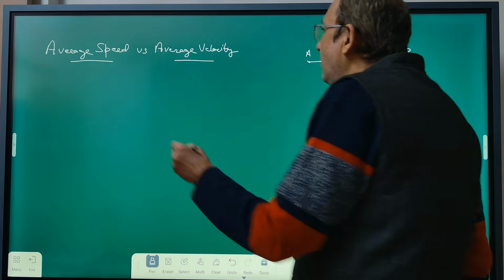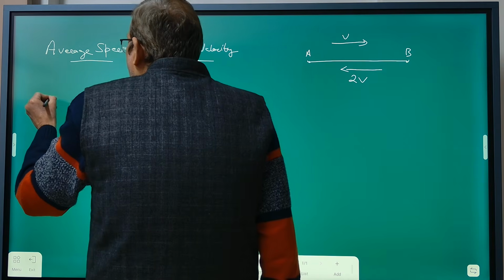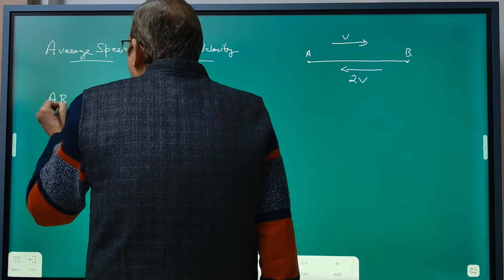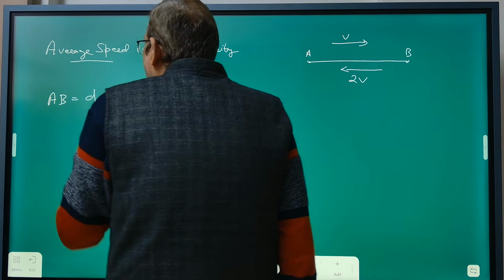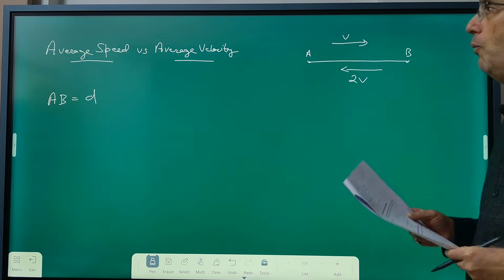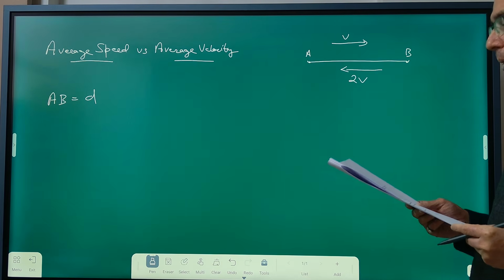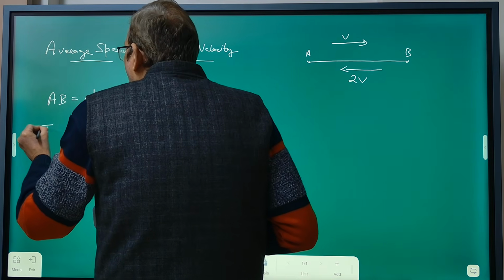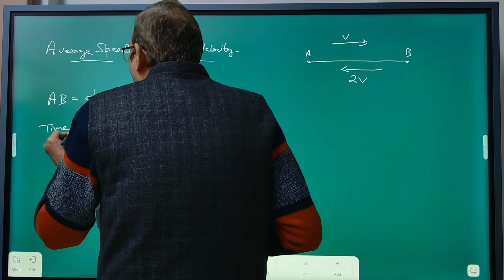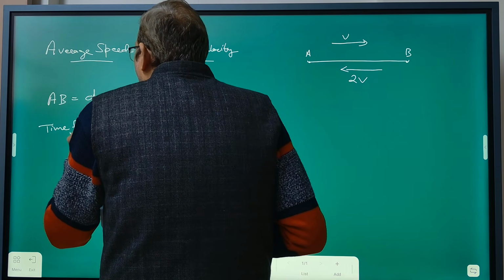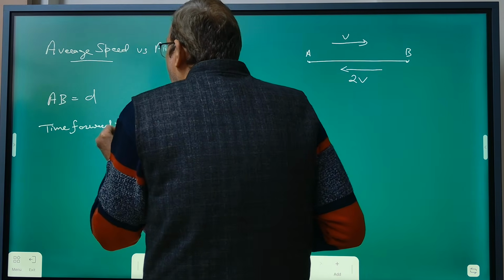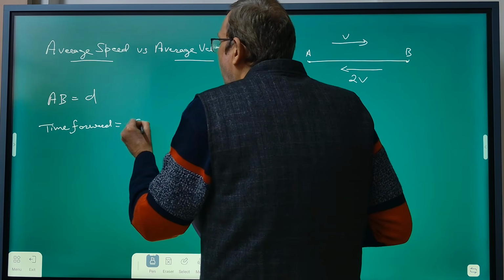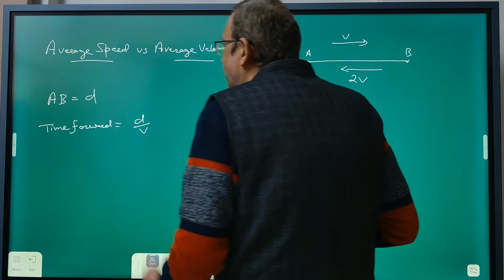So let the distance, of course, be d. So let us say AB is equal to d, the distance. And what is the time taken from A to B? So the time forward is simply distance divided by velocity, which is d by v.